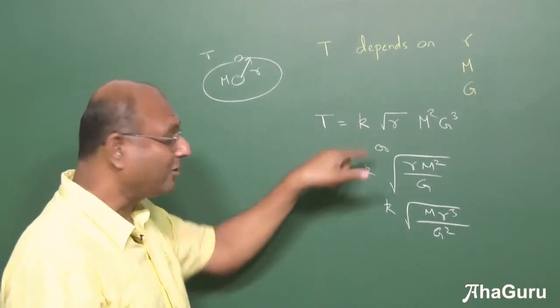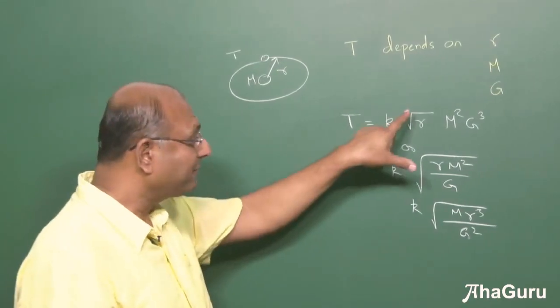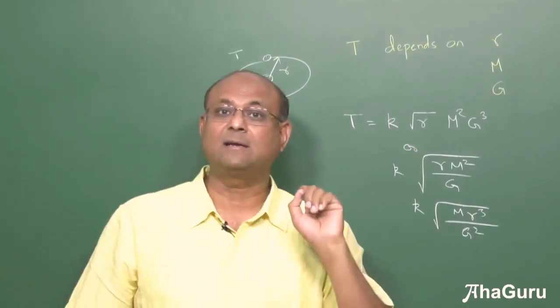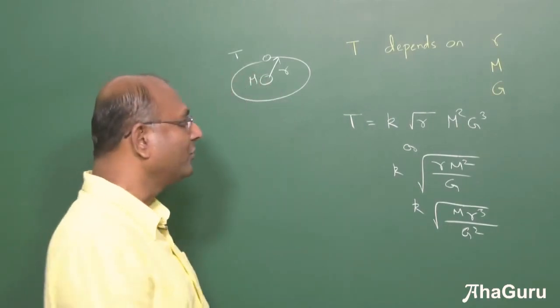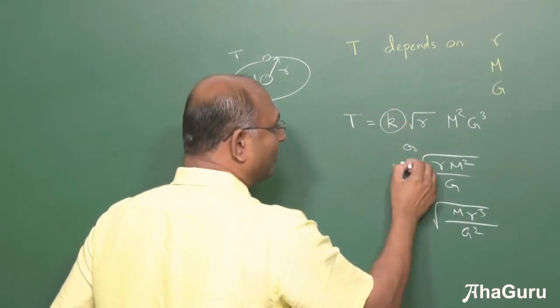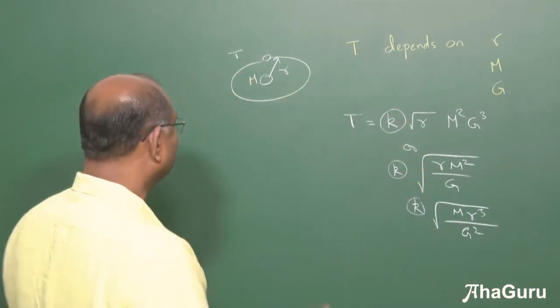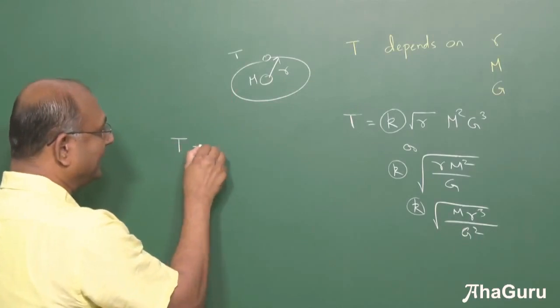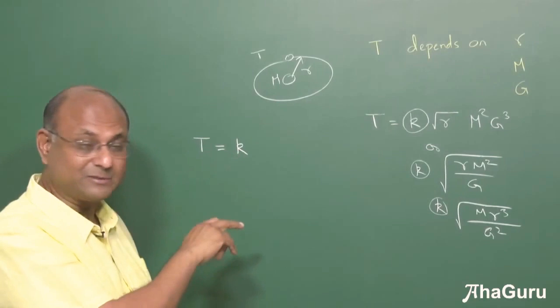Now finding the constant K is a tough task. Of course, it requires measurement, but even finding the form of the function is a hard job. This is where dimensional analysis comes to our rescue, and if we assume that this constant K is dimensionless, we can solve for it. So for example, I am going to say T is some constant K with no dimension. This is an important assumption.